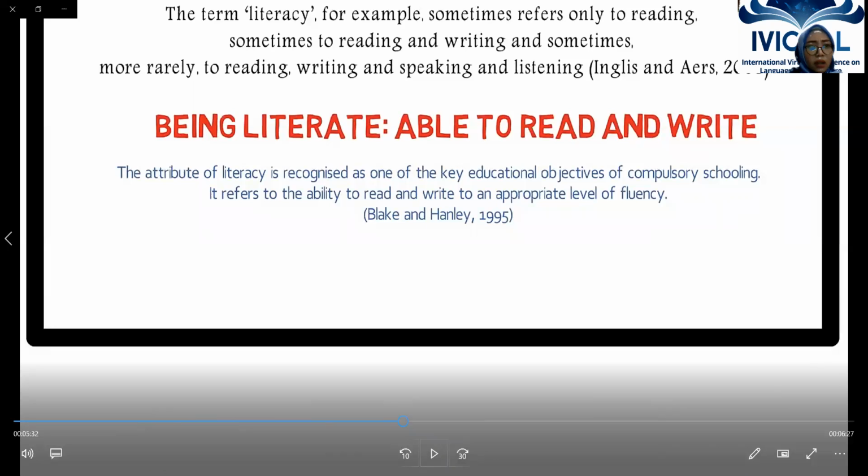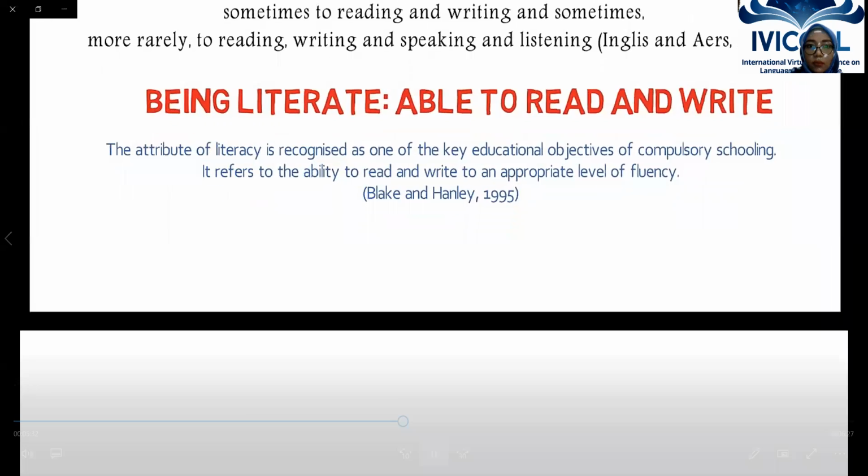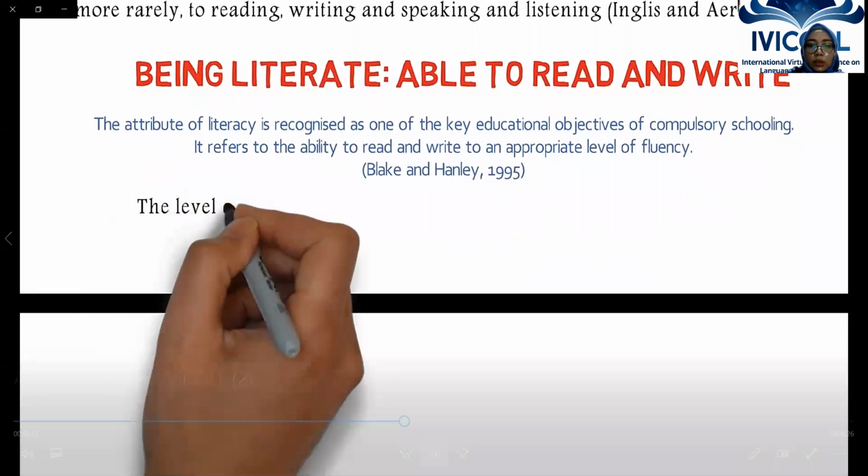We usually point to literacy as one of the key educational objectives in compulsory school. Moreover, the level of reading and writing skill needed to cope with adult life can be called functional literacy.